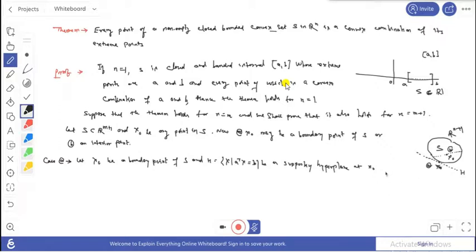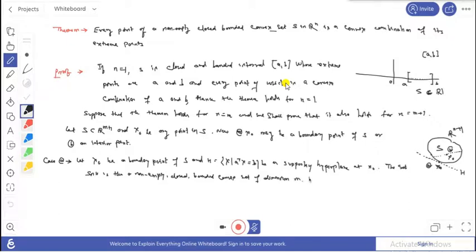Then you know that the intersection of these two sets H and S, that is T star, the set S intersection H, is non-empty, closed and bounded, a set of dimension m, and we assume that this is true for this dimension m.